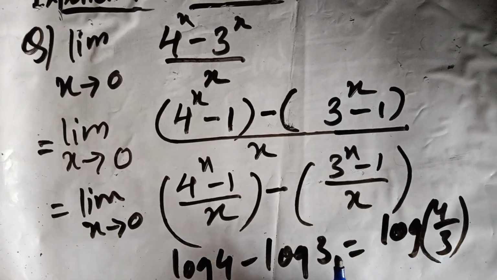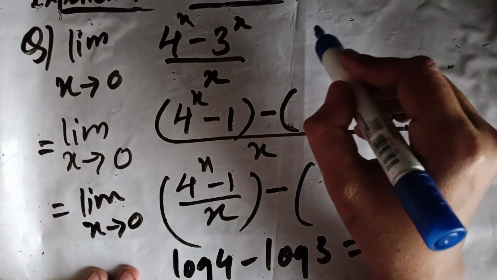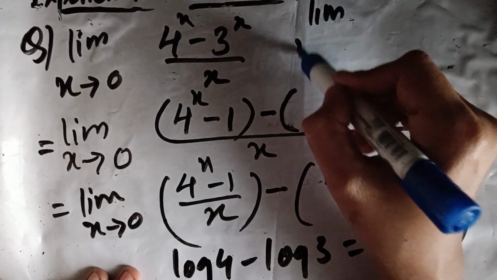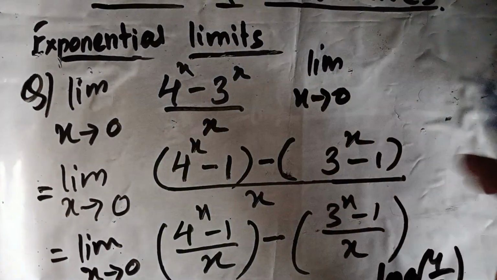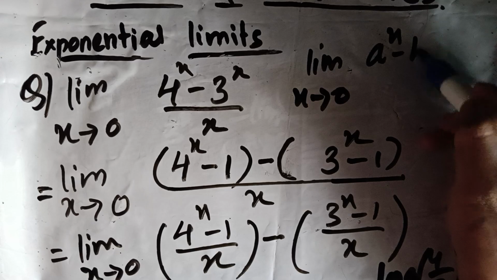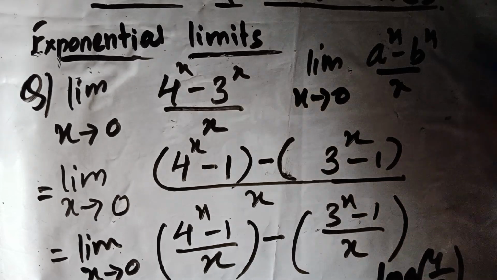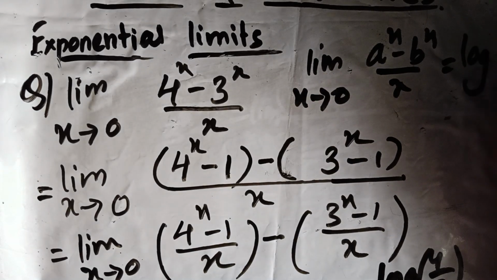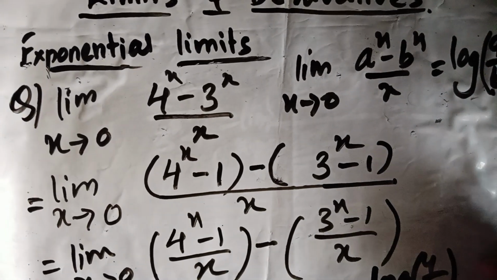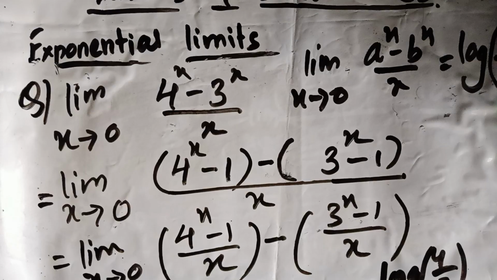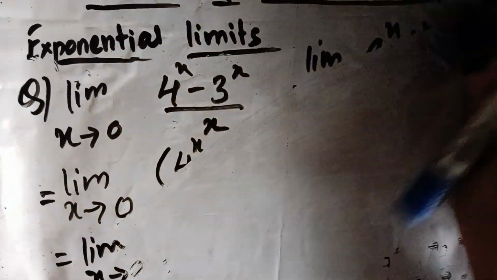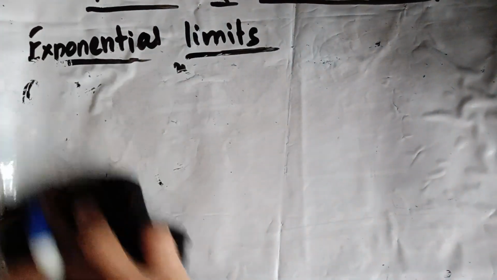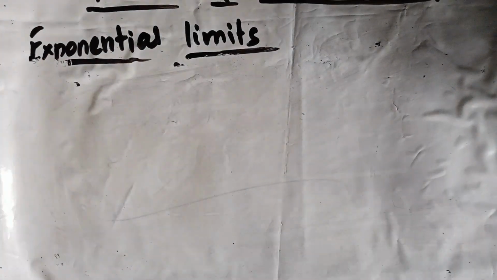So here also you can use the standard formula: limit as x tends to 0, (a raised to x minus b raised to x) upon x, you can directly write as log of a upon b. Next question.